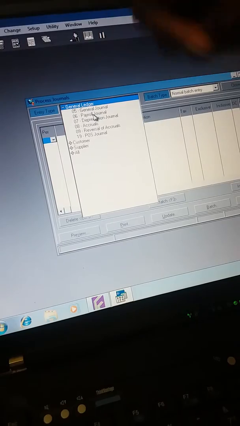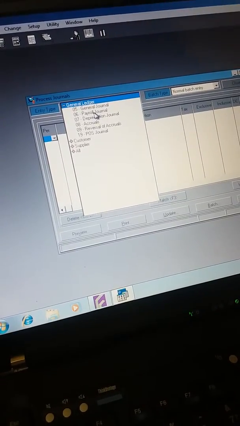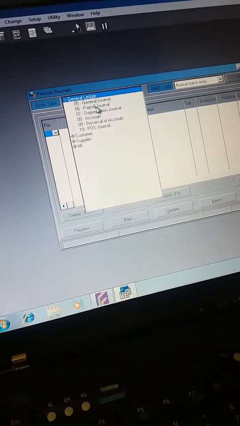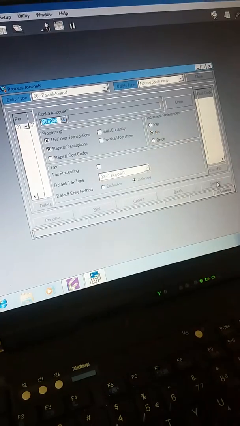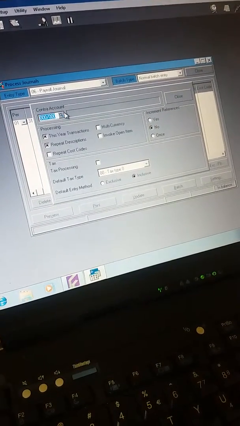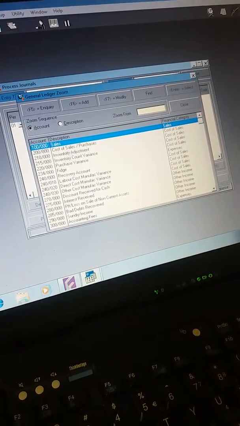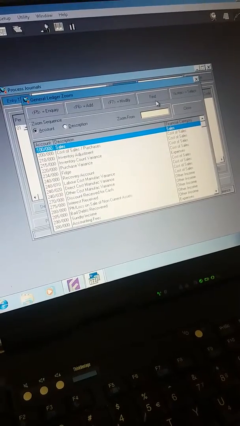The UIF and tax on wages come from the period journal. So here, it must always be the contra account.